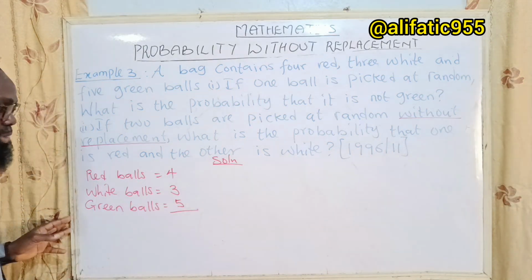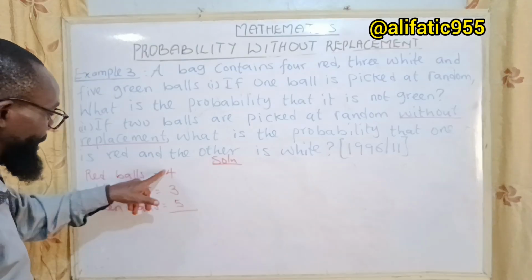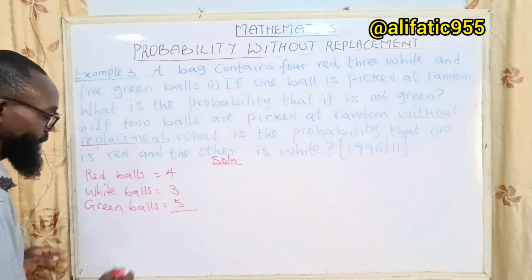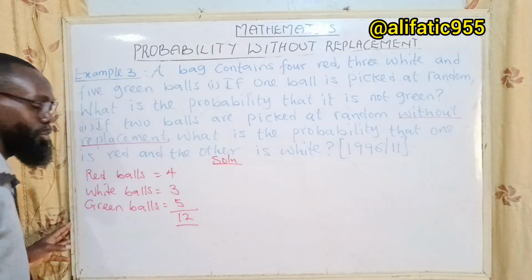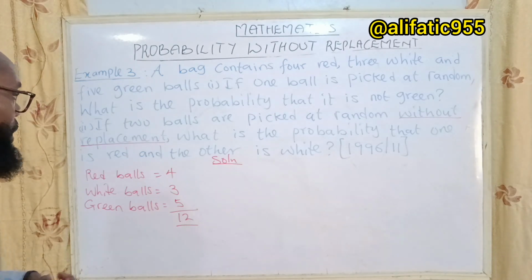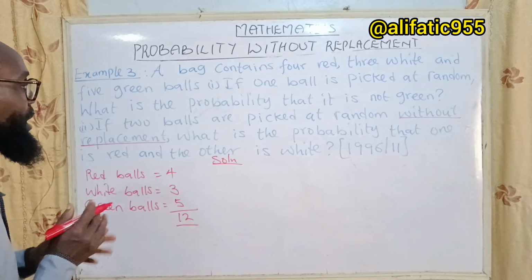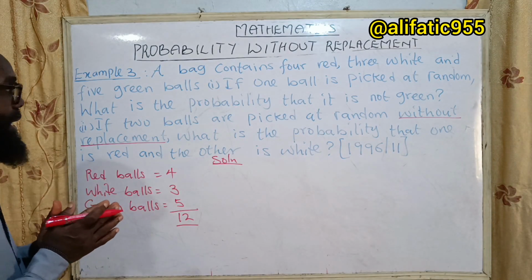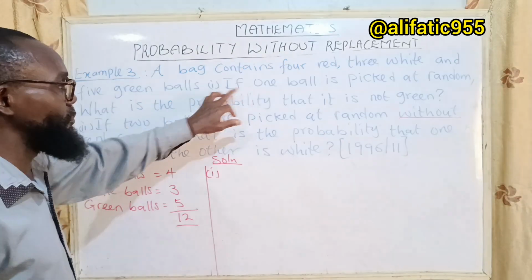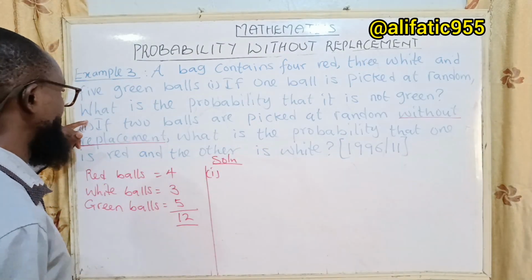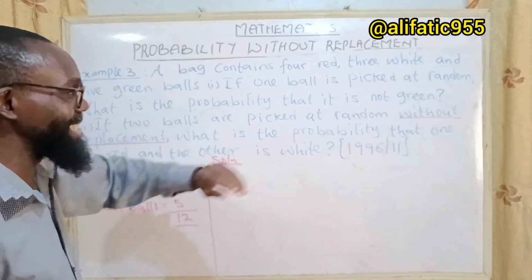So let us sum everything together. This is 7 and this one is 12. Total number of balls, we have 12. Okay, from here you can now move on by saying, well, we go on. If one ball is picked at random, what is the probability that it is not green?